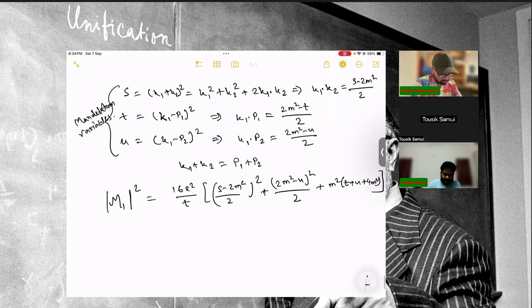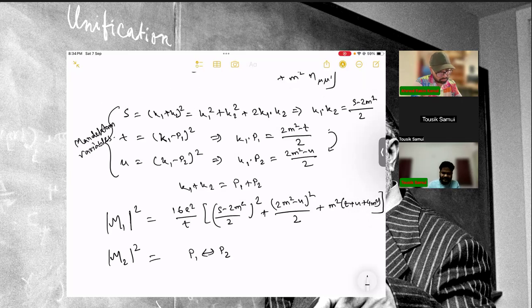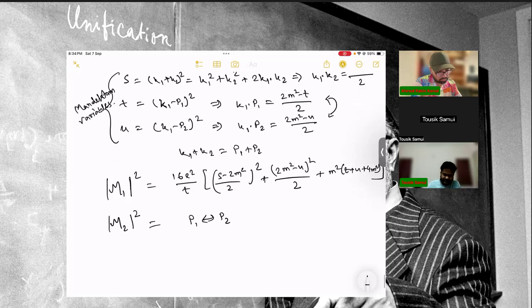And for M2, if we remember, p1 and p2 have been exchanged. In other words, it is like t and u have been exchanged. So for this, the expression will be t squared, u squared, and s minus 2m squared, with u exchanged to m squared t plus 4m squared.